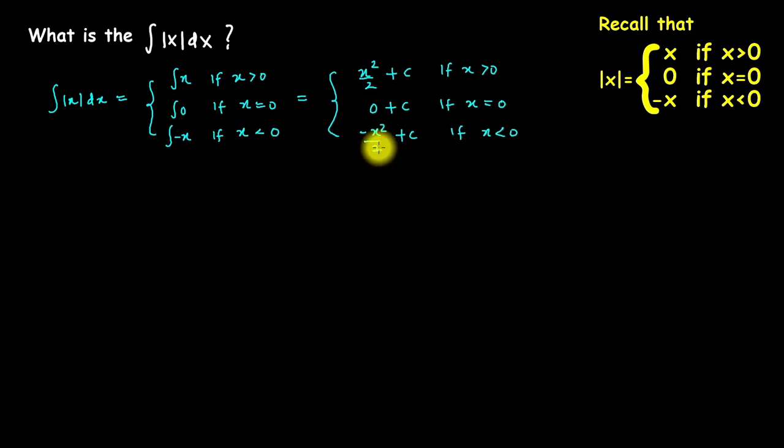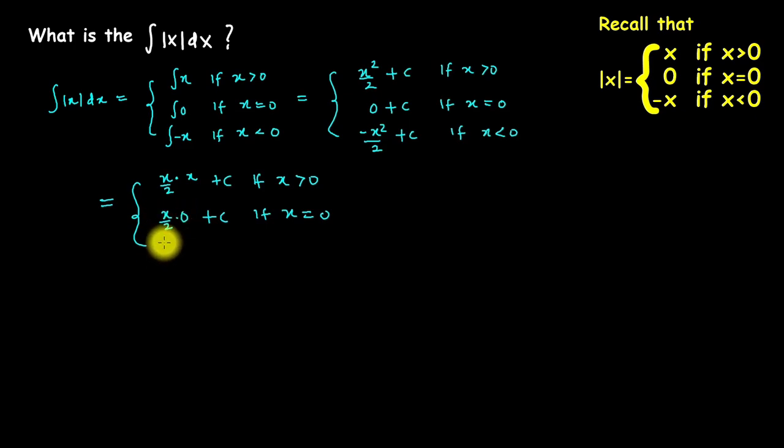Now I want us to observe something. If you look at this, I can actually write this expression as x over 2 multiplied by x plus c if x is greater than 0, and as x over 2 multiplied by 0 plus c if x equals 0. Of course, x over 2 multiplied by 0 will still give me 0.